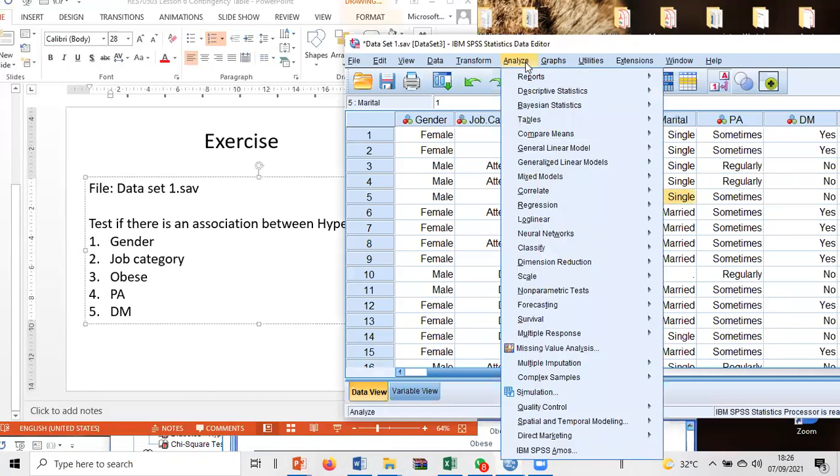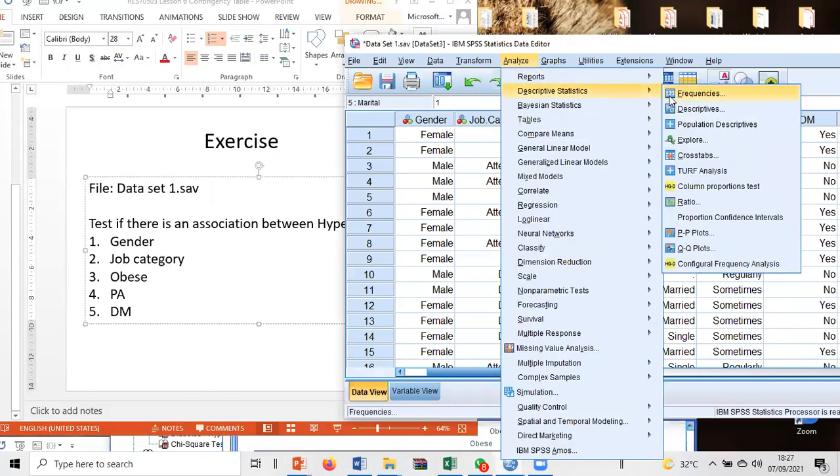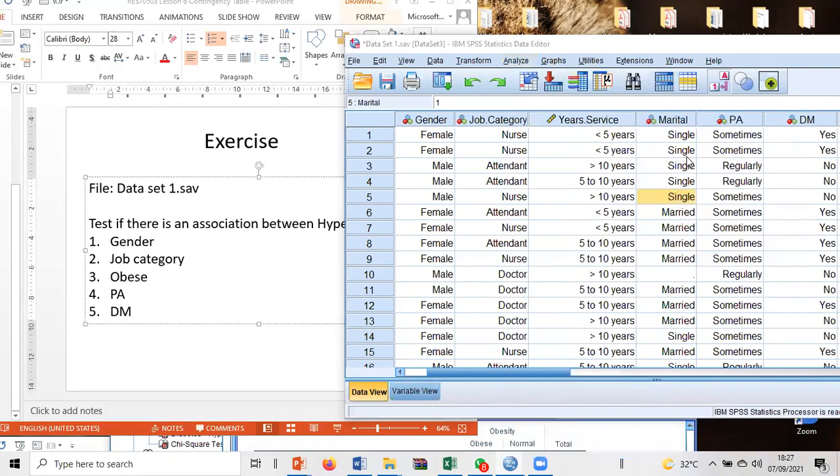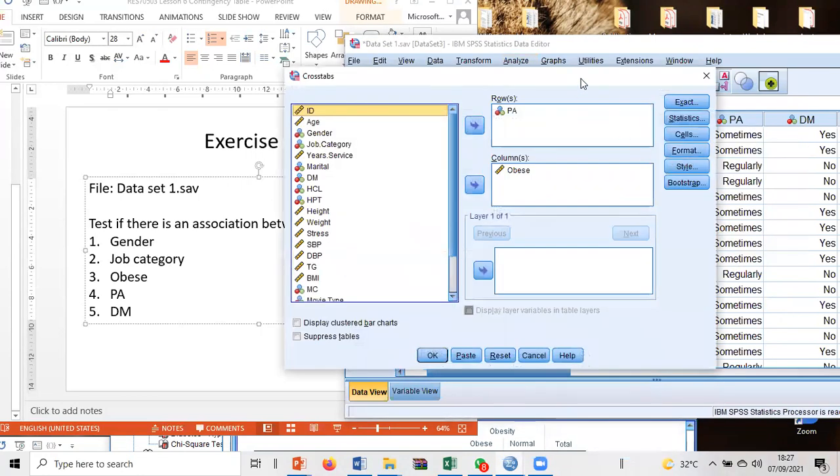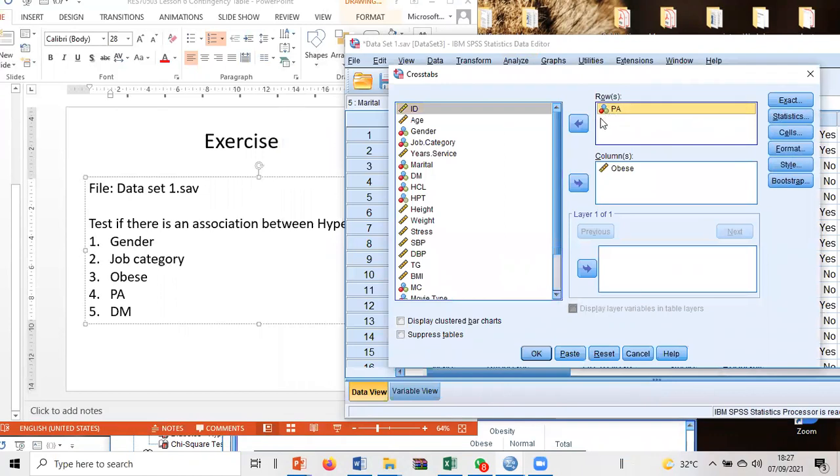Analyze, descriptive, cross tab. The outcome variable is hypertension, so bring in hypertension. The predictor variables, you can put all in one go. You don't have to do one at a time.